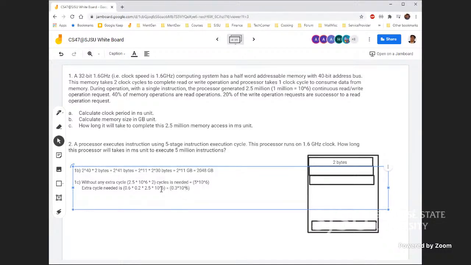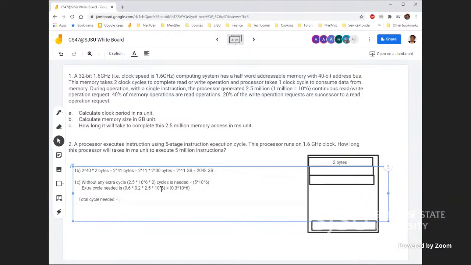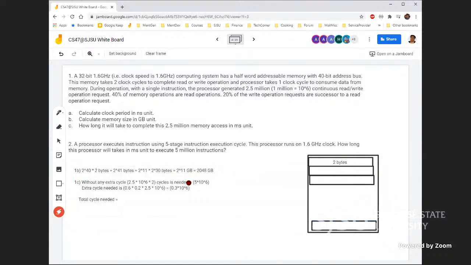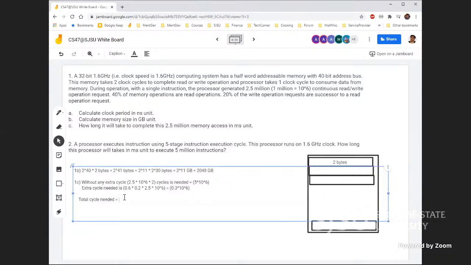So the total cycles needed is adding these two, which is 5.3 million cycles.